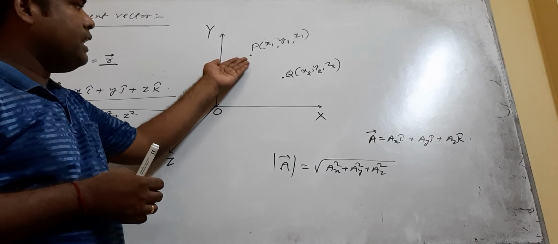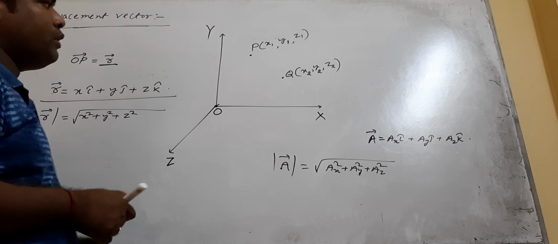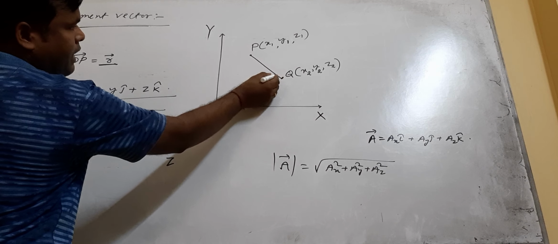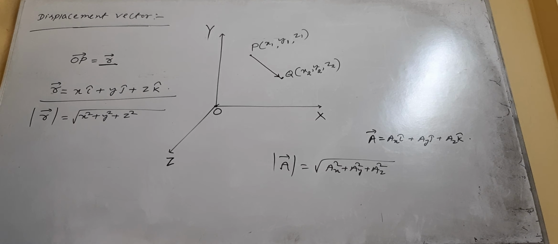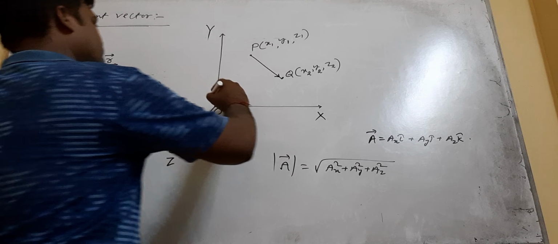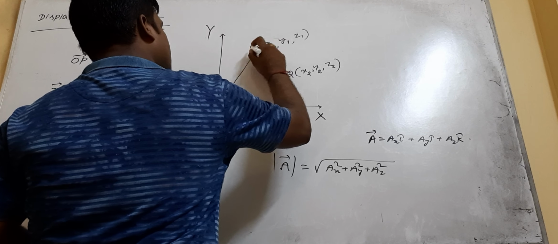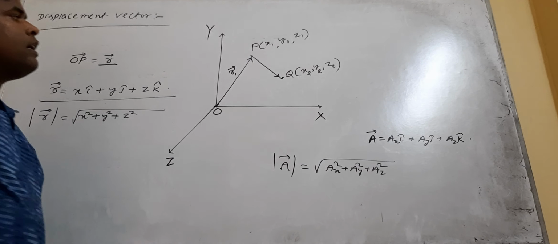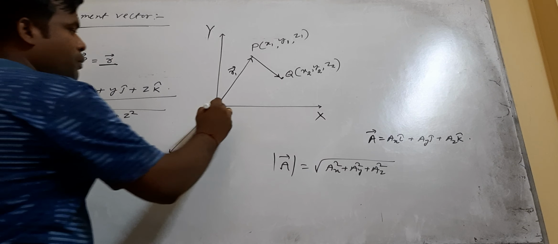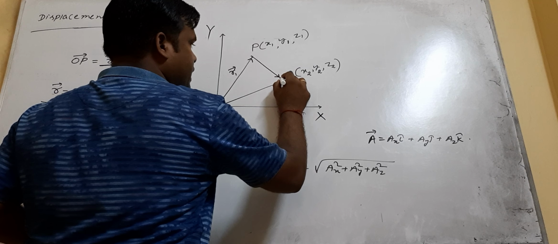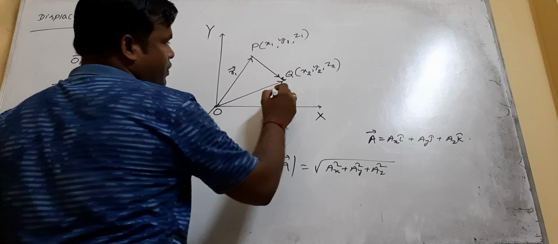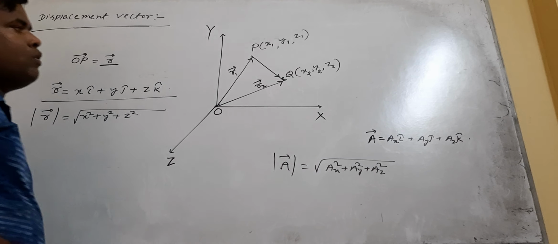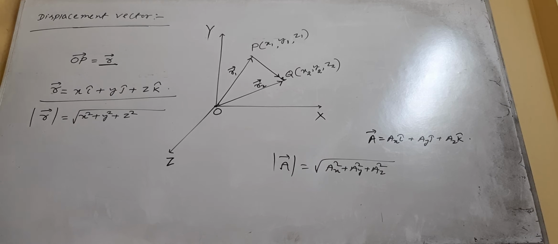If P is the initial position and Q is the final position, then the displacement vector is PQ and the direction is towards Q. Let R1 be the position vector of point P. Similarly, let R2 be the position vector of the point Q. So now tell me, what is the displacement vector PQ?